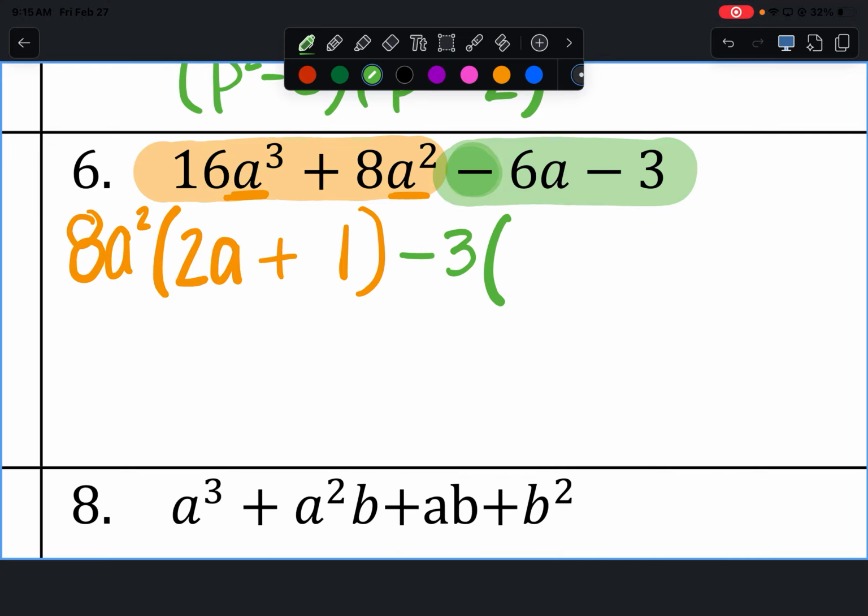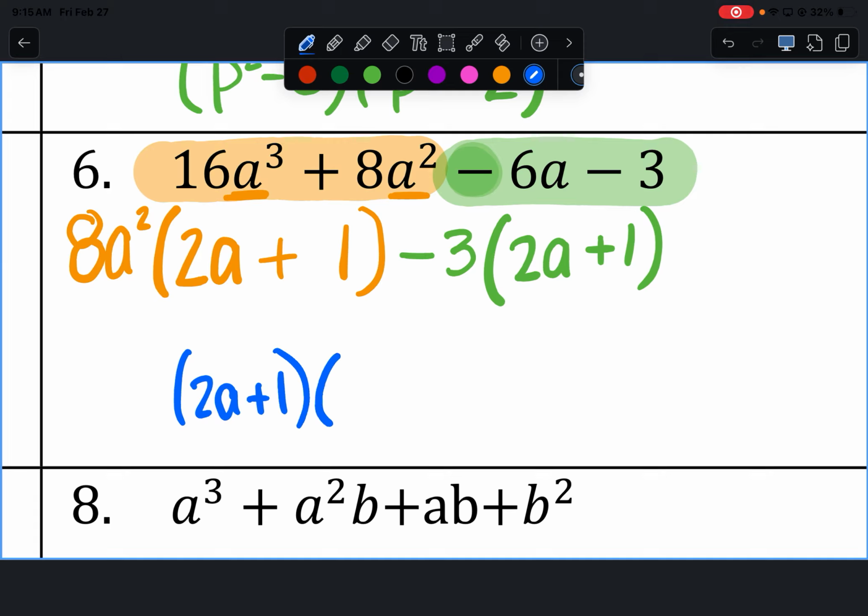So what is negative 6a divided by negative 3? 2a. What is negative 3 divided by negative 3? Plus 1. Now what part is the same? 2a plus 1. And what part's left over? 8a squared minus 3.